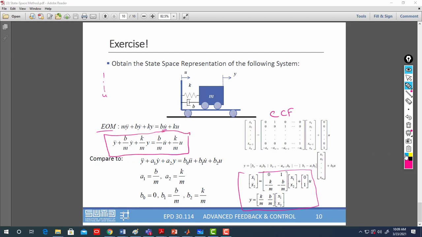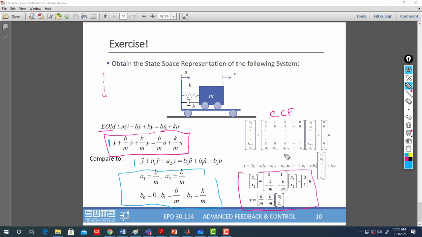Remember, here you should write it in a way that you have here 1. You see, you have here 1. And that's how you write it. So now by identification, you can get a1 equal to b over m, a2 equal to k over m, etc. So you have the variables you need.